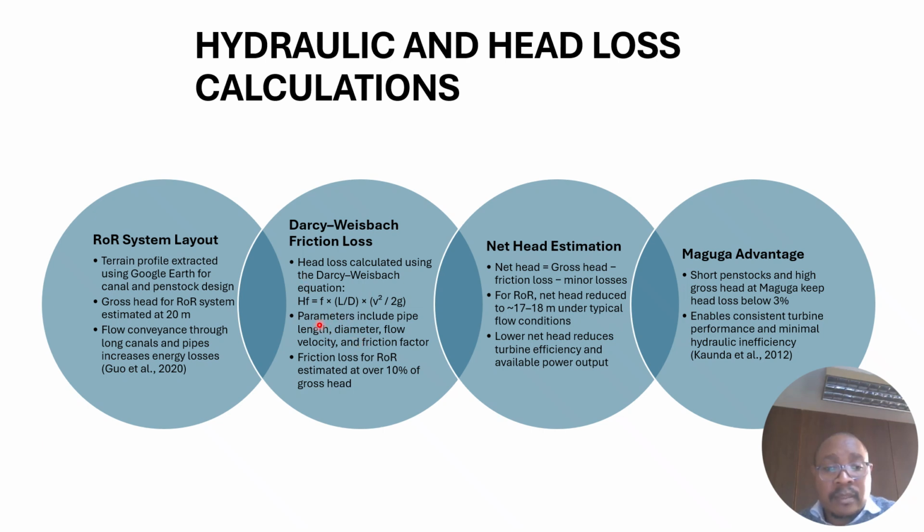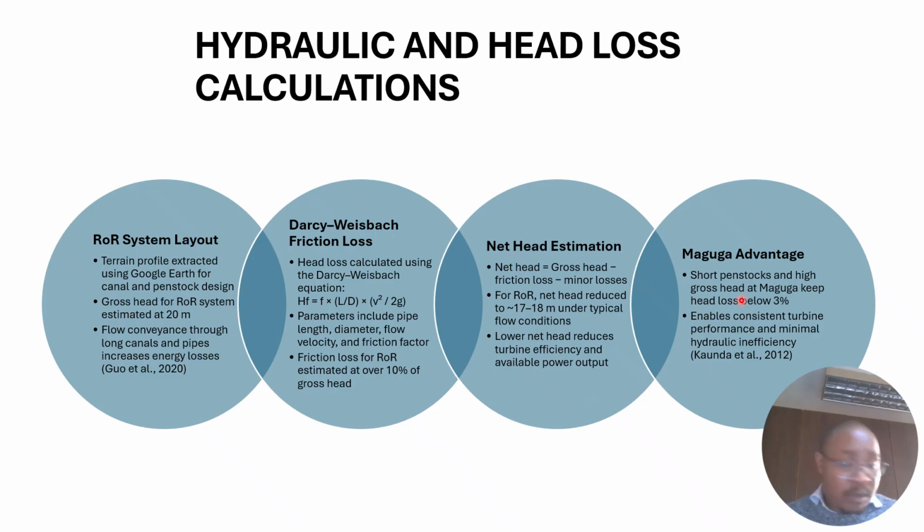This is the friction loss formula with the length, the diameter, the velocity, and the friction factor. And then on the net head estimate, the net head equals the gross head minus the friction losses minus minor losses. And then a lower net head reduces turbine efficiency and available power output.